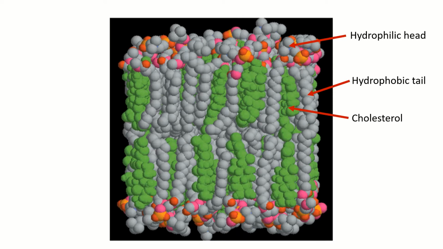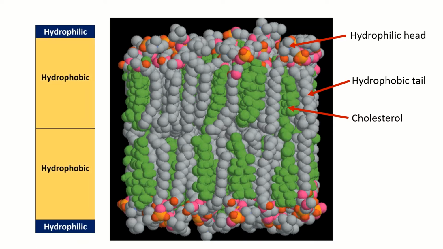We can see how the heads of the phospholipids are oriented so that they face either outside or inside of the cell towards the cytoplasm, and all of the hydrophobic tails are hidden away from water in between the bilayer.